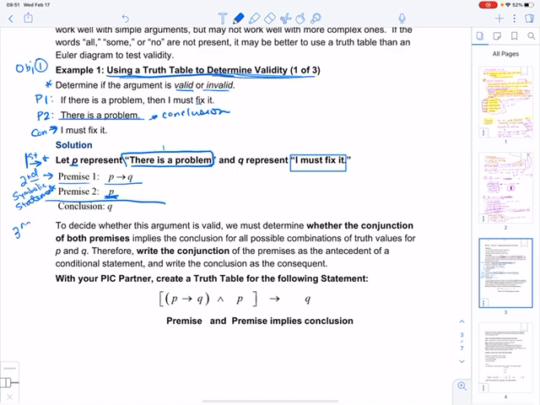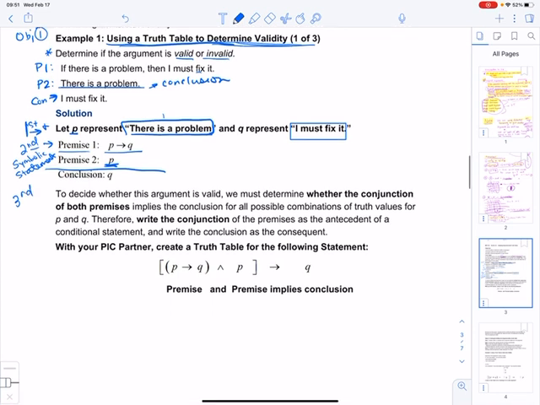The third thing is that now we are going to decide whether this argument is valid. We must determine whether the conjunction of both premises implies the conclusion for all possible combinations of truth values for P and Q. So what this means is that we are going to write the conjunction of the premises as the antecedent of a conditional statement and then write the conclusion as the consequent.